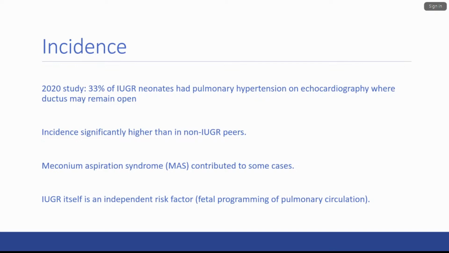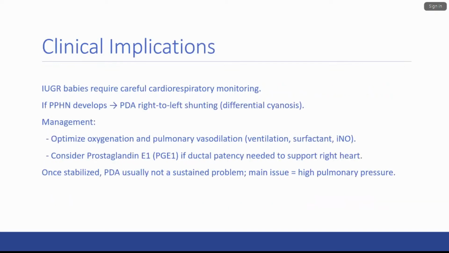Meconium aspiration syndrome also contributed to some cases, but IUGR itself is an independent risk factor, as it has fetal programming of pulmonary circulation. Clinical implications are that IUGR babies require careful cardiorespiratory monitoring. If PPHN develops, the PDA, due to right to left shunting, may cause differential cyanosis.